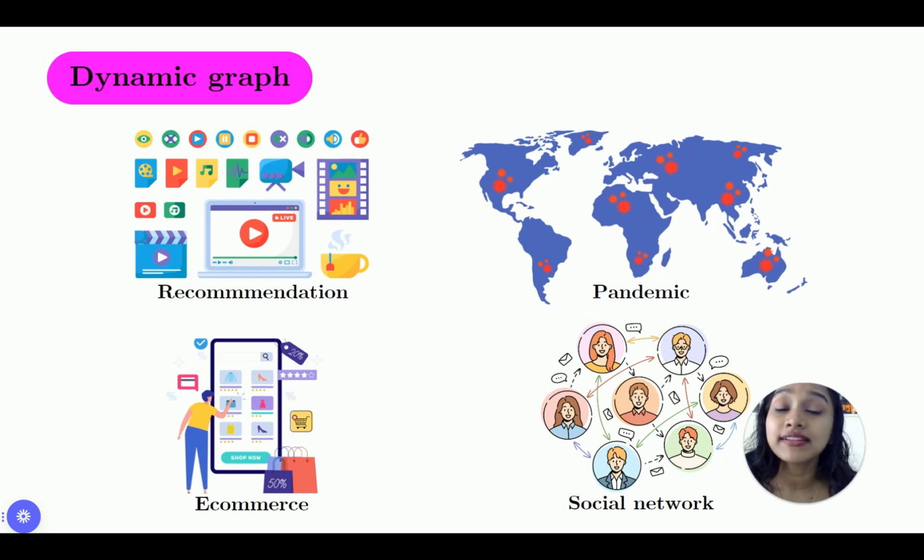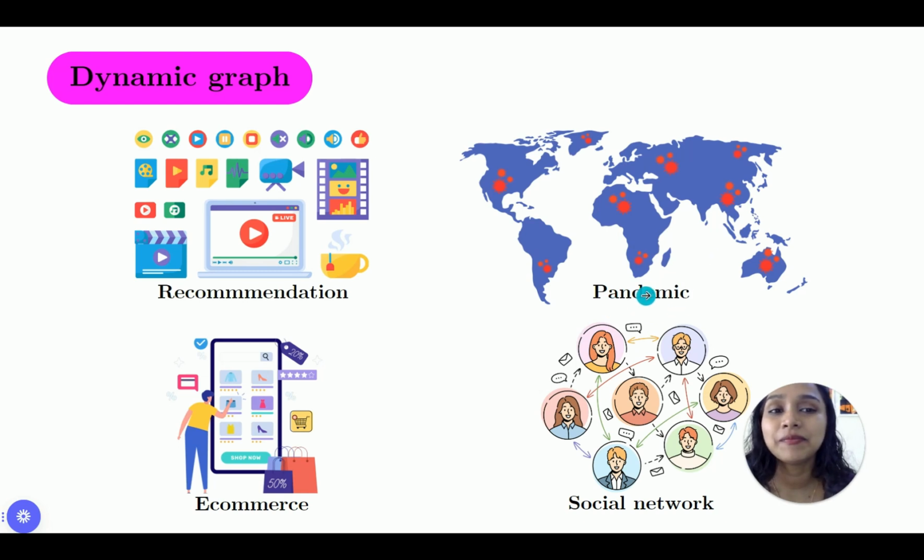So our interest can change with respect to time. Maybe in 2019 I had an interest in a particular genre of movies. In 2024 it might have changed, but they will recommend content based on our changed interest. So how can they recommend content with this new interest if they are not considering it as a dynamic graph? So this movie recommendation platform is a very good example for a dynamic graph.